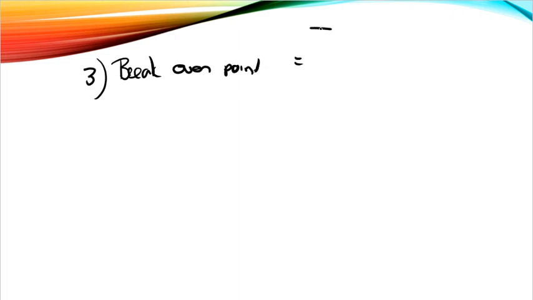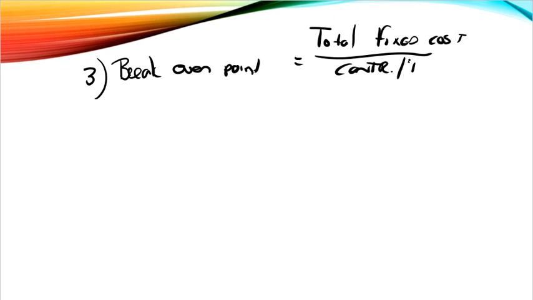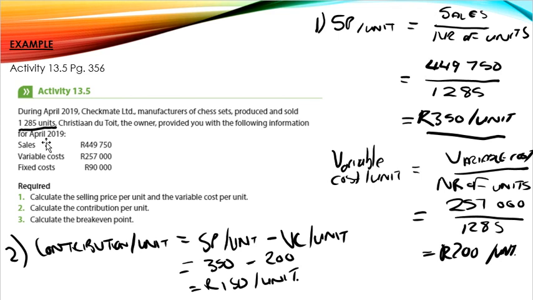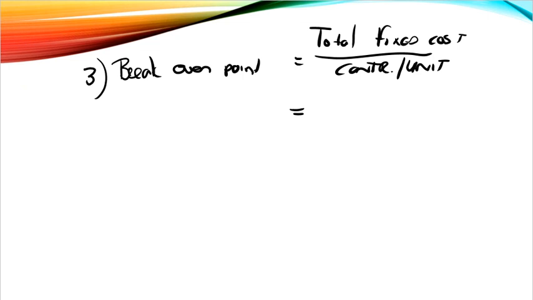We know that it's total fixed cost divided by my contribution per unit. If we look at this information here, total fixed cost is 90,000. Contribution per unit is 150 Rand per unit. So we have 90,000 divided by 150.